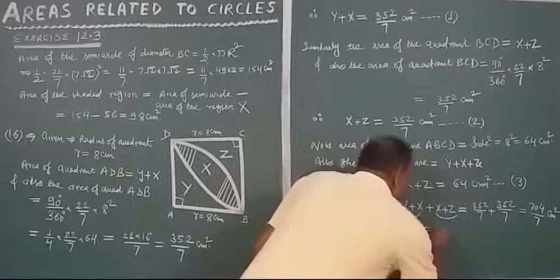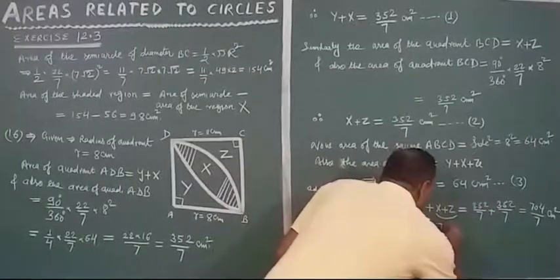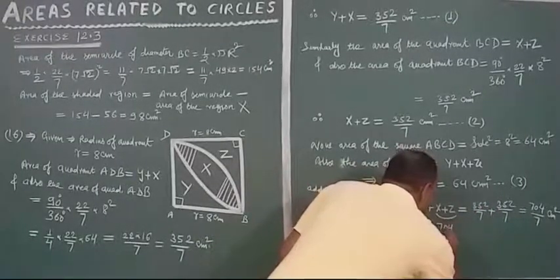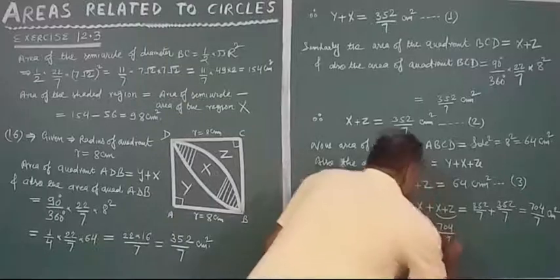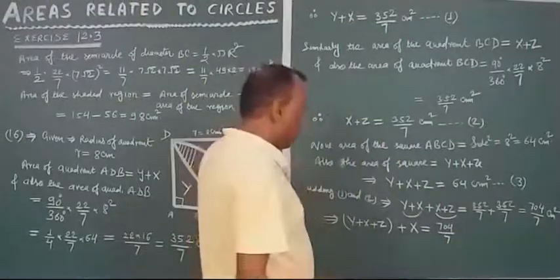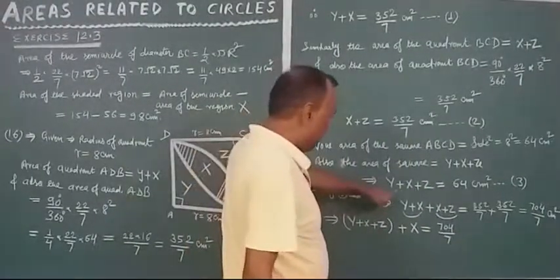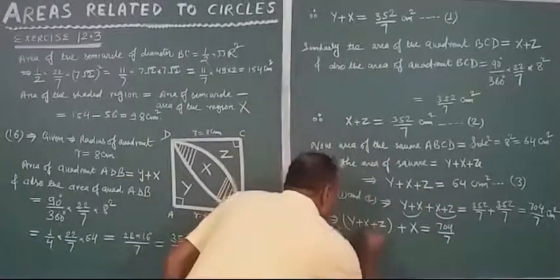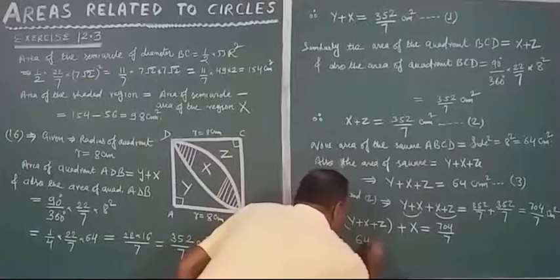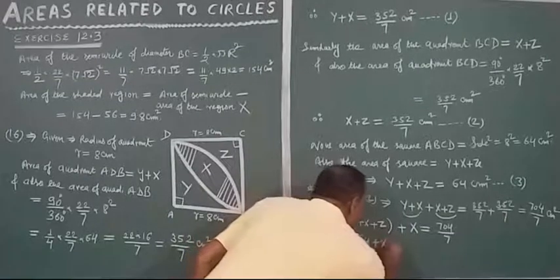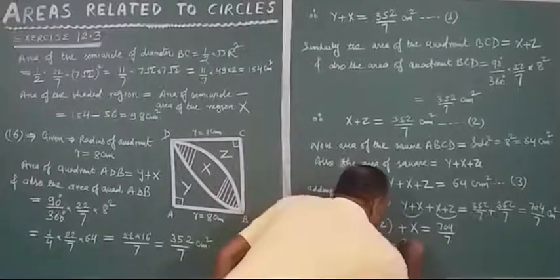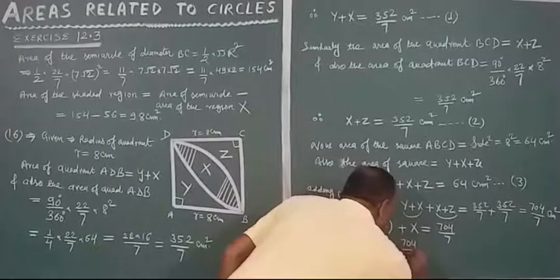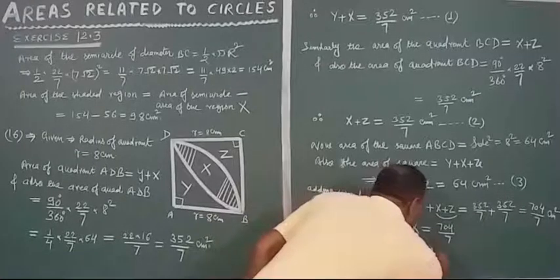This is how much? 704 upon 7. Okay. From equation 3, y plus x plus z is 64. What is the value of y plus x plus z? 64 plus x is equal to how much? 704 upon 7.